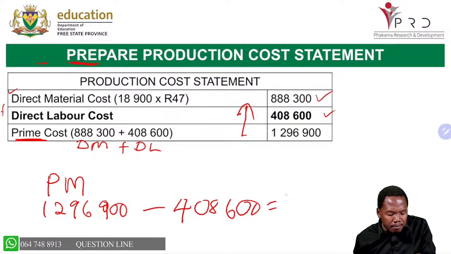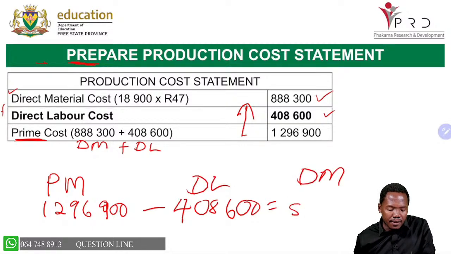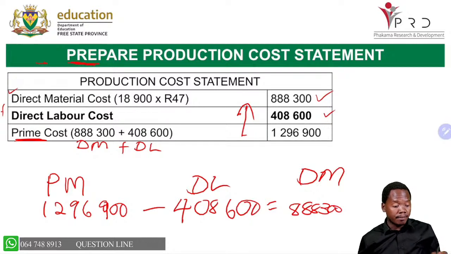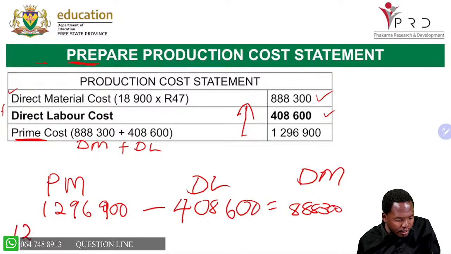This gives me my direct material cost of 888,300. Okay? Now, how do I get my direct labor cost if I'm not given? I will say my prime cost again.